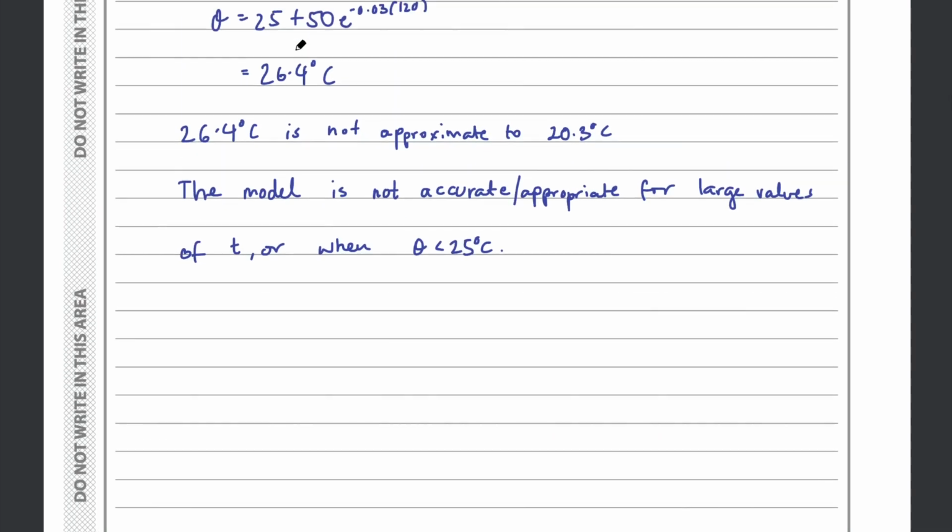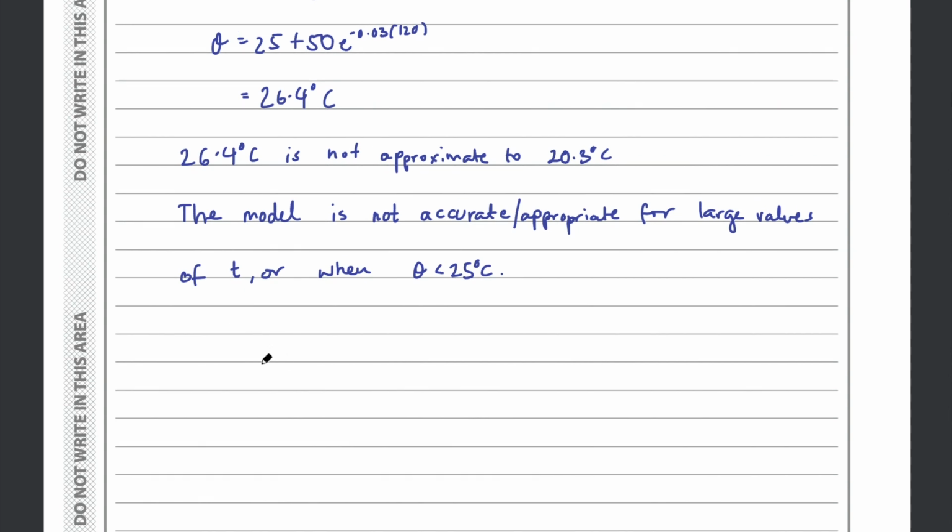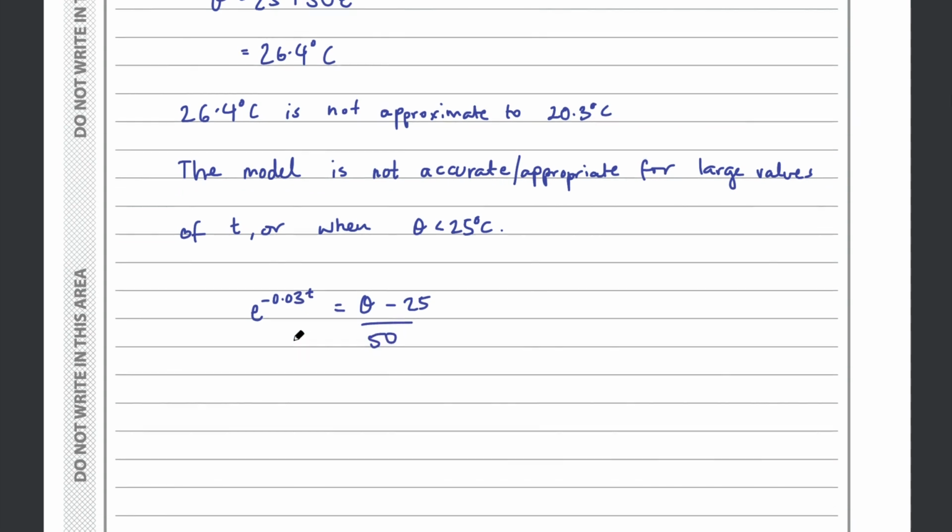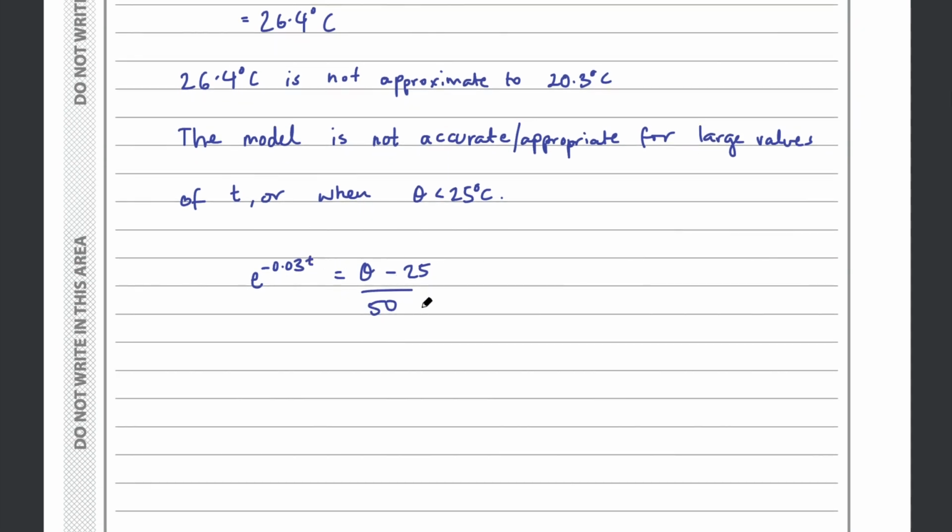So if we rearrange this equation, we get e to the negative 0.03 t equal to theta take 25 on 50. And now e to the power of anything cannot be a negative number. So even if this is a negative, the result of e to the power of something will not be a negative value.